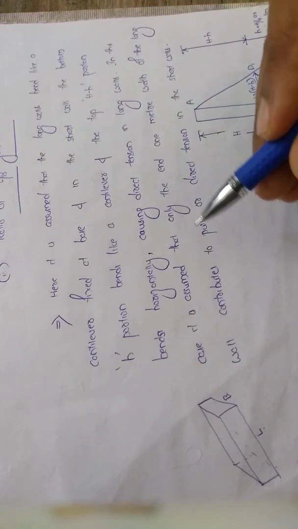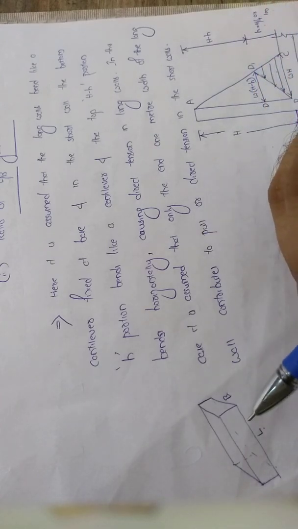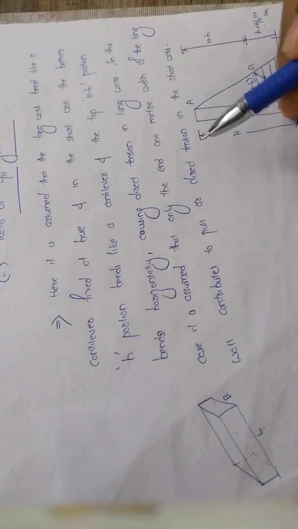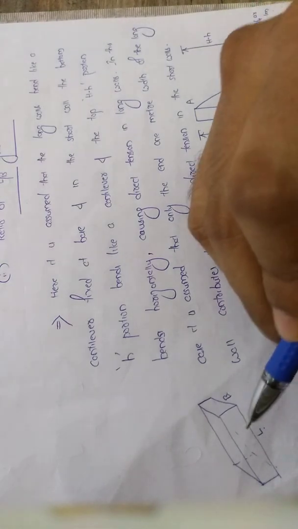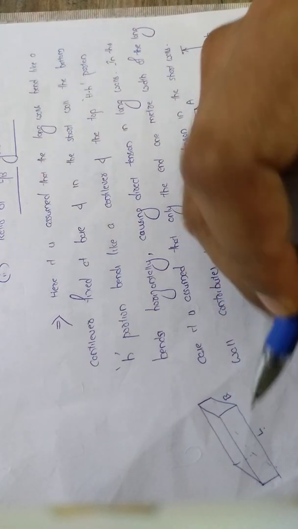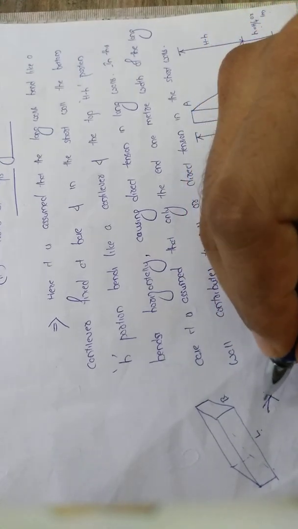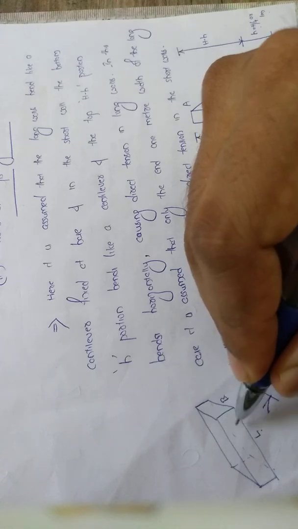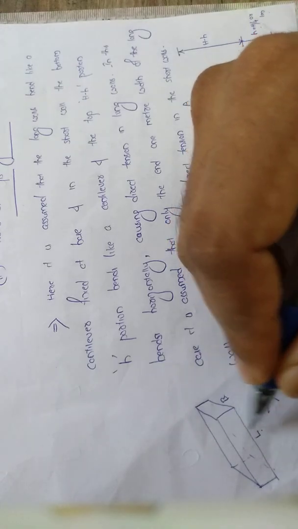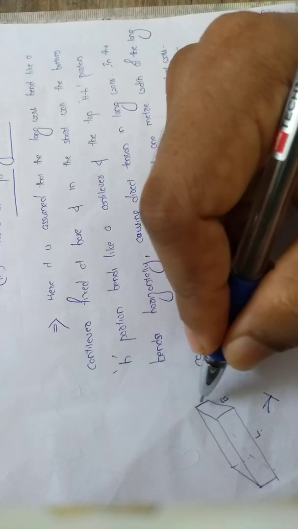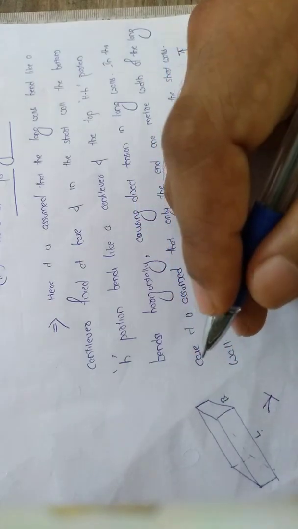In this case, it is also assumed that the end 1 meter width of the long wall contributes to the pull or direct tension in the short wall, because the long wall is bending just like a cantilever, and the end 1 meter length of this long wall will be exerting the axial pull on the short wall.